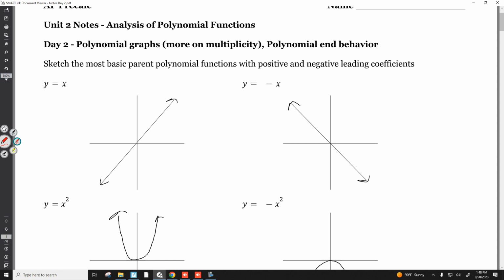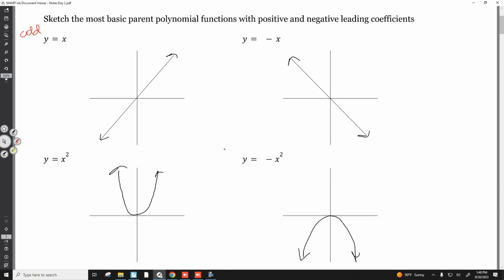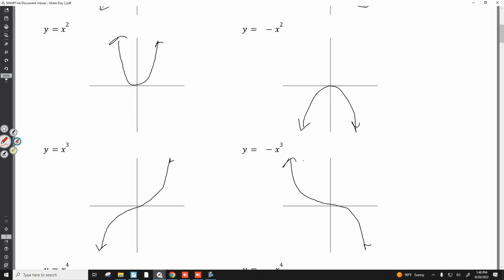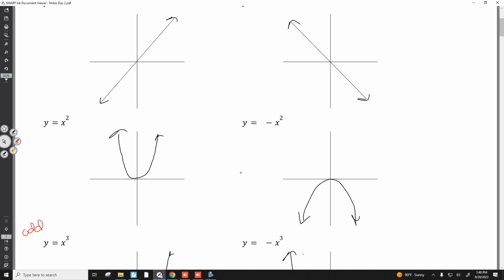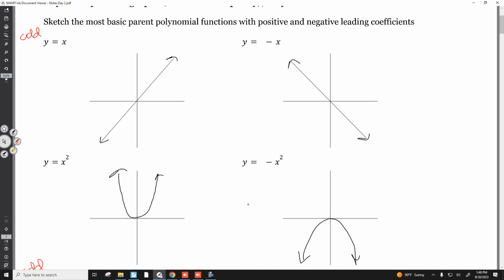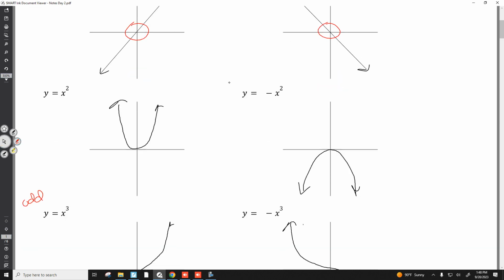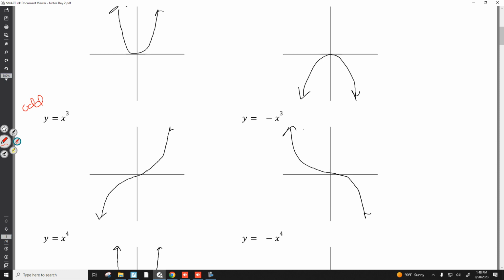For example, let's look at our odd degree, y equals x and y equals x cubed. What did we know about odd multiplicities? We changed signs. Boom, boom, we notice sign changes.